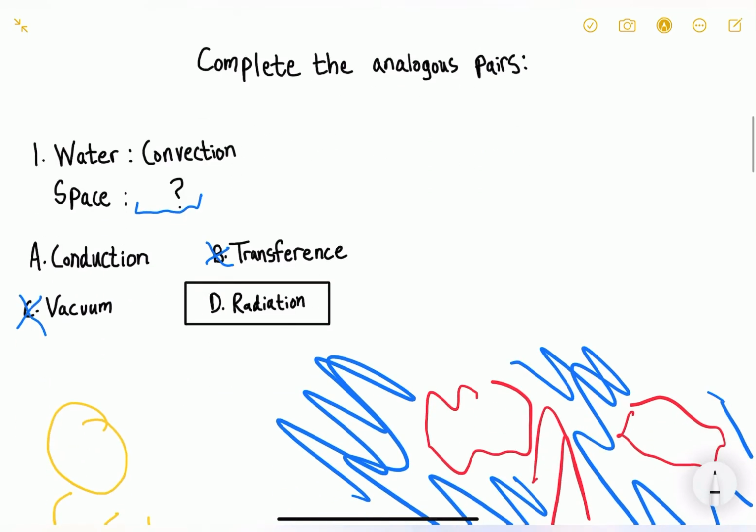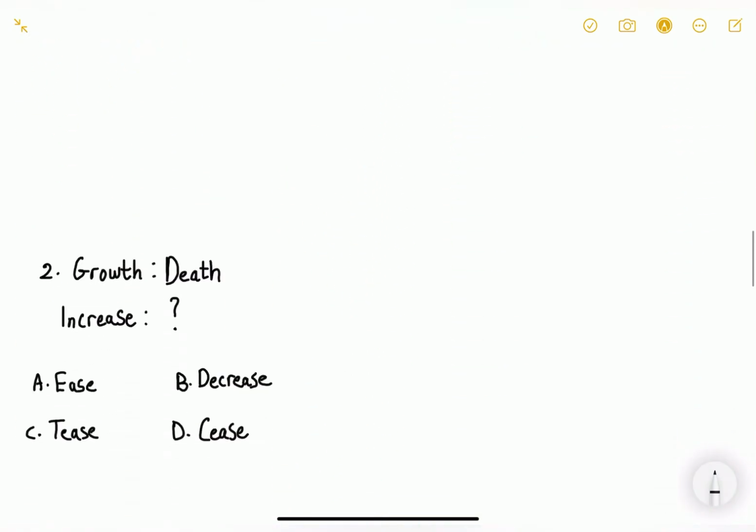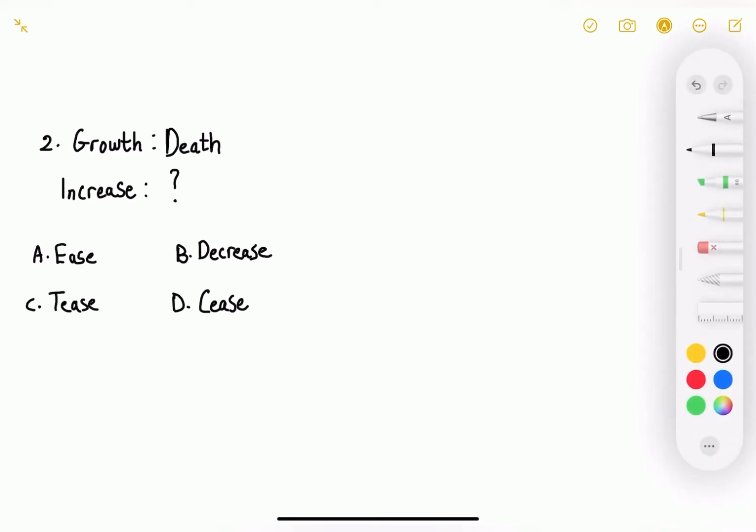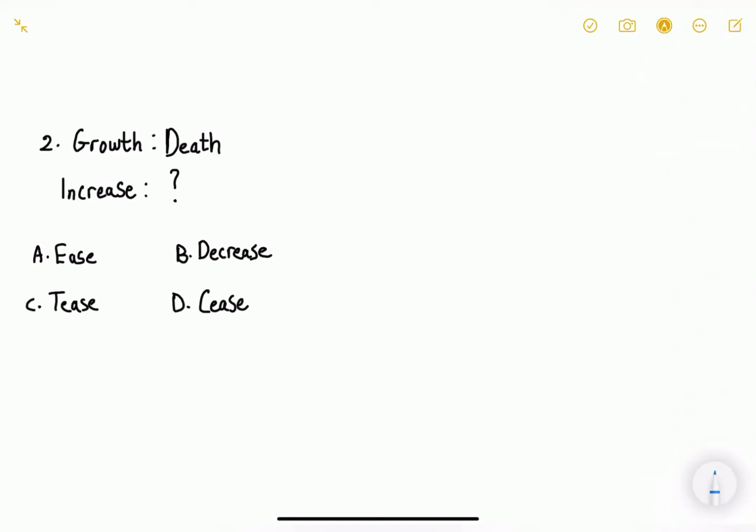Now let's move on to question number 2. Question number 2 says growth, death, increase. So we already know that here we are looking for the inverse relationship. We're looking for the opposite, the inverse relationship. So what puts an end to something happening by the first?